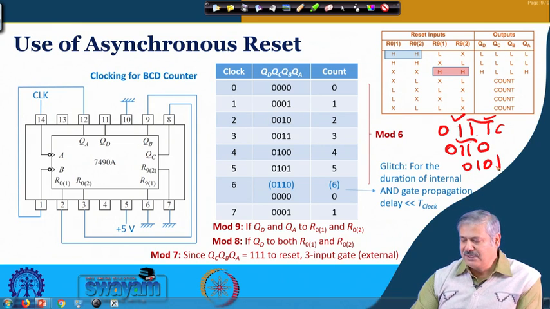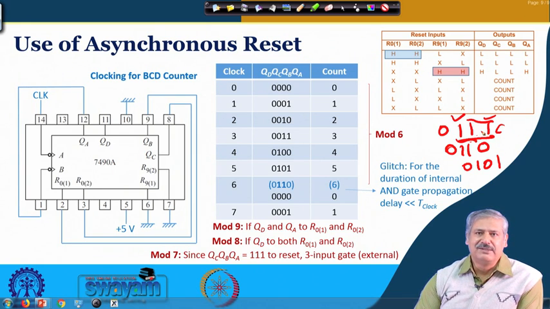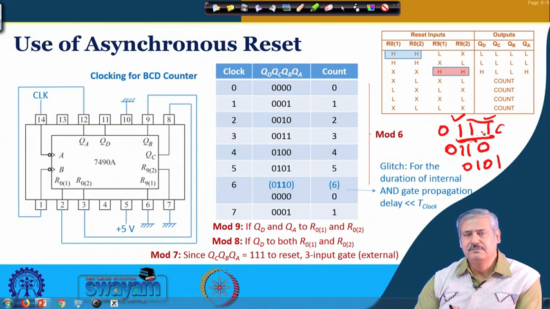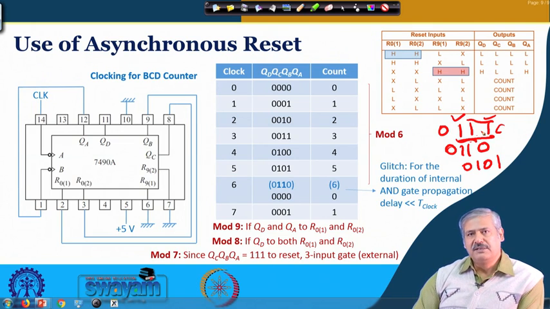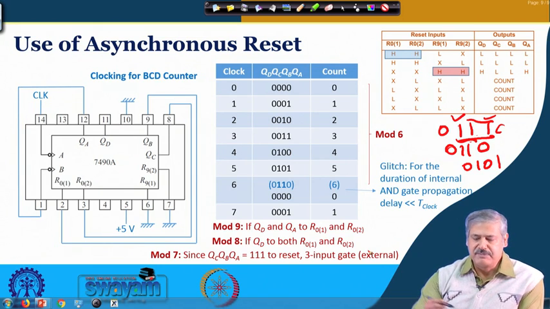So, you need all the 3 inputs, QC, QB, QA, for which you will be needing an external gate in this particular arrangement. Is it fine? Okay. But otherwise, you can see that for the other cases, we are getting the other modulo numbers just by connecting wires in this manner.